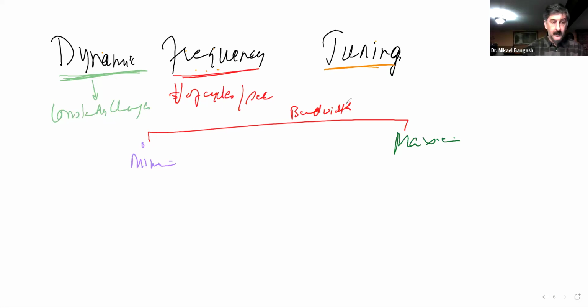Now, as I said yesterday, the lower frequency of your bandwidth will have the highest penetration. Why? Due to lowest attenuation.